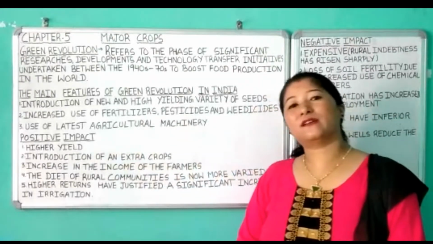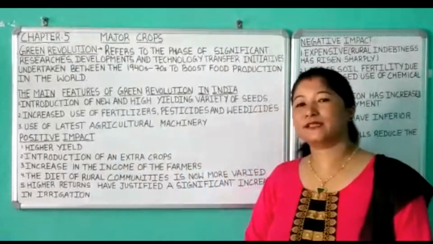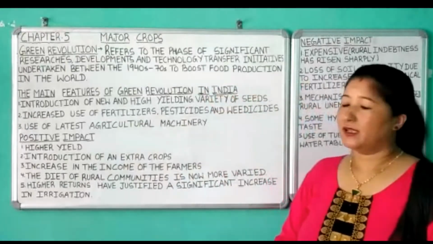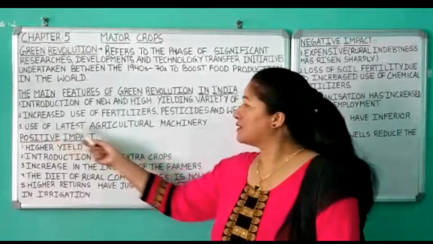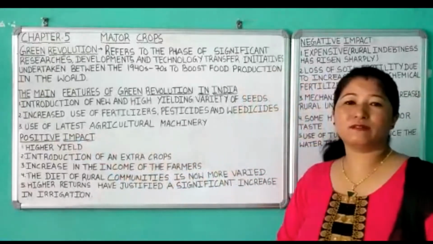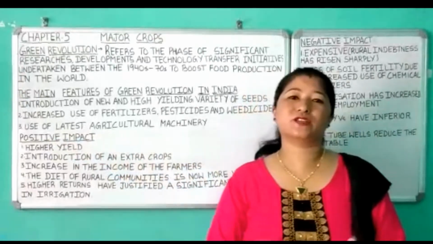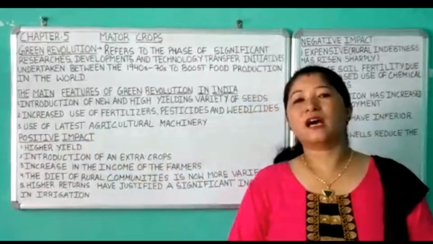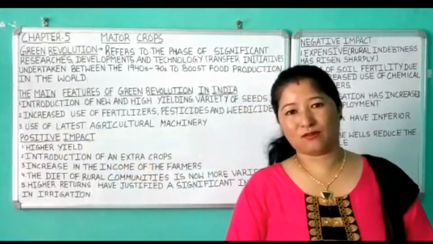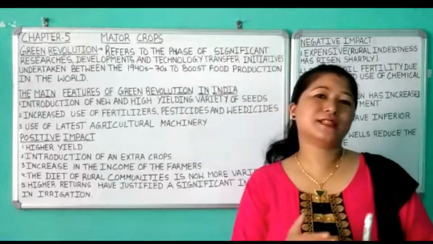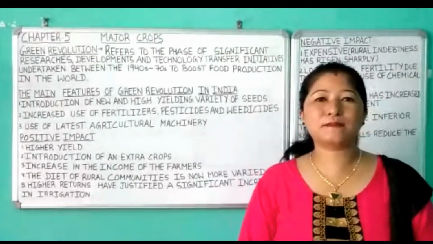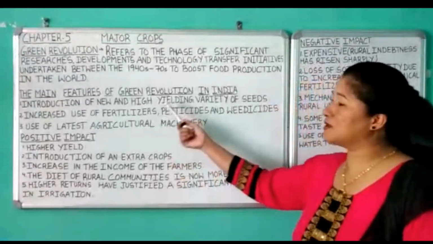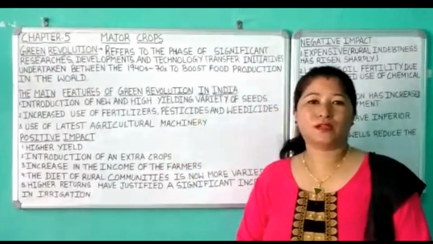The farmers were encouraged to use more of them in order to boost production. Number three, use of the latest agricultural machinery. The farmers were encouraged to use modern techniques of production like tractors, harvesters, threshers and all, because it reduced the time of the farmers and at the same time increased production. So these were some of the features of Green Revolution in our country.